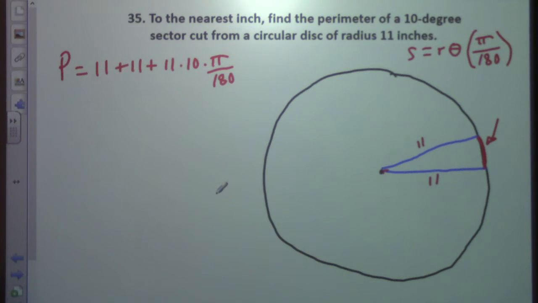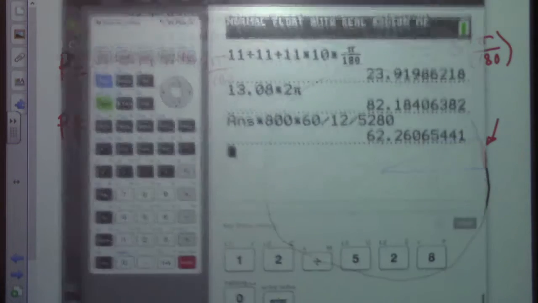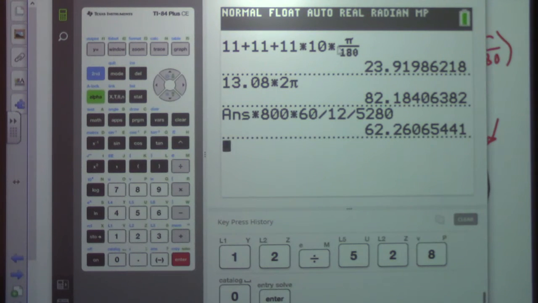Let's go ahead and work all that out. It's right here from third period: 23.920 inches.